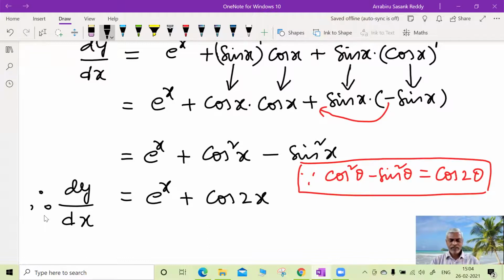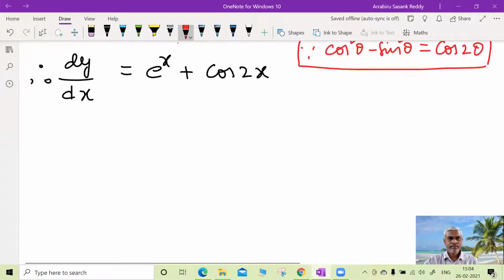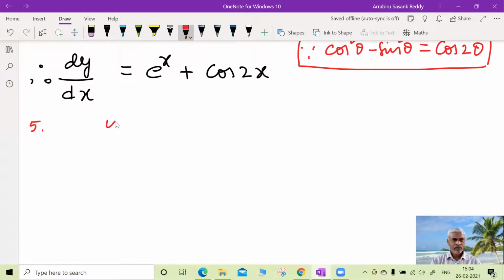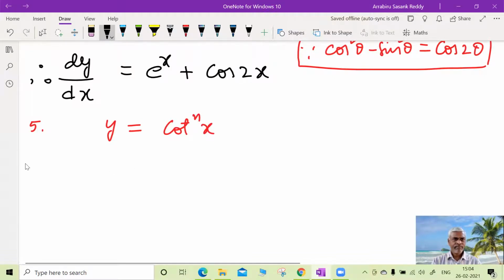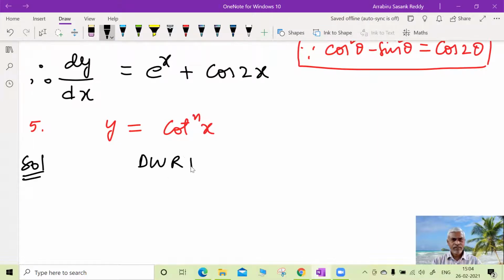So let us take up one more problem. Y is equal to cot to the power n of x. So differentiating with respect to x, dy by dx.